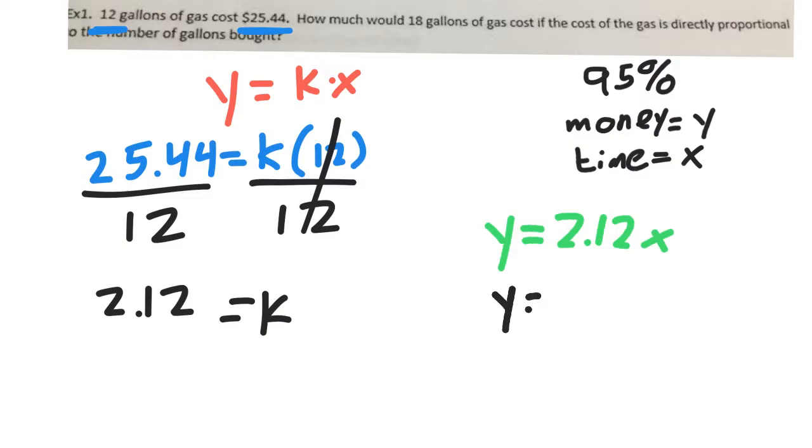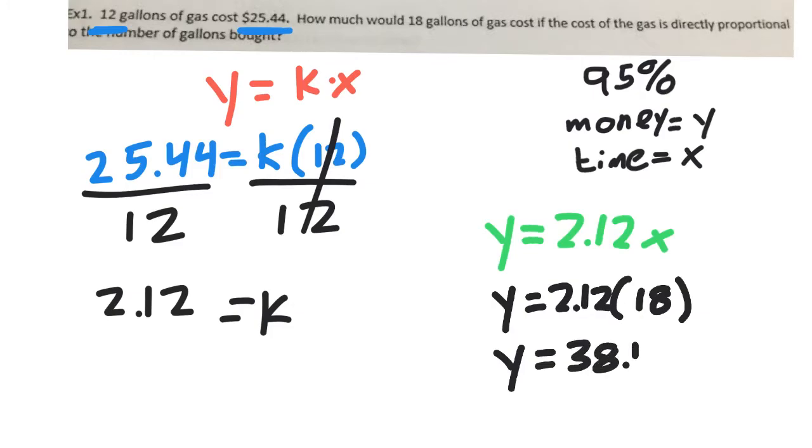So we would say y is equal to 2.12 times 18, which gives us a value of $38.16.